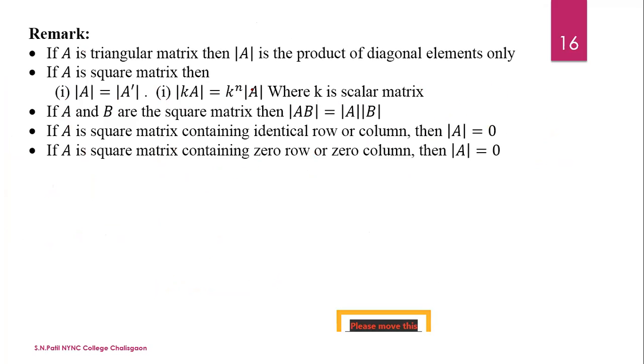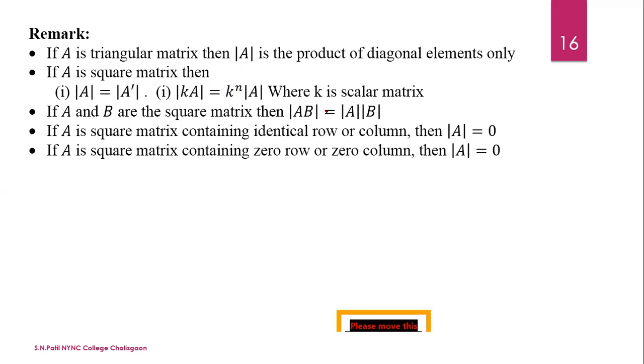If a triangular matrix is there, then the determinant is the product of diagonal elements, okay. Determinant of A and its transpose is the same, okay. Now for a scalar number, we apply this property, but in different rows we take different elements common. If the same element is common throughout, then k raised to n into the determinant, okay.